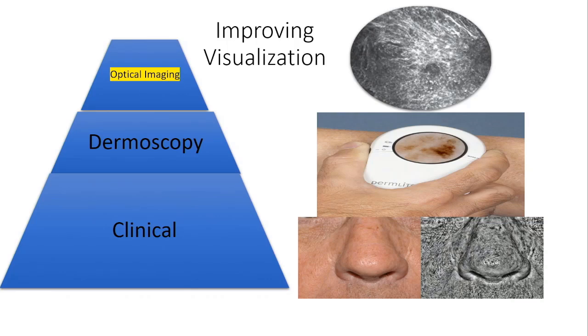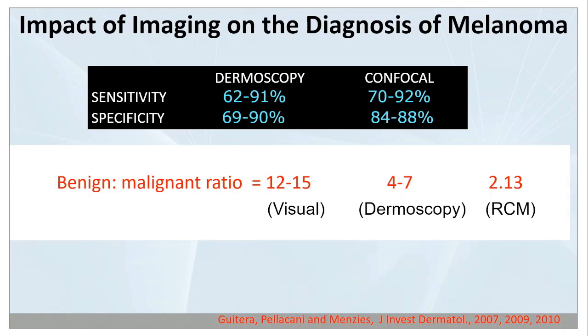So you wouldn't just screen everyone with these advanced tools. You're really going to use your clinical acumen, layer upon that dermoscopy, and then layer upon that optical imaging. And it's really helped to bring down the number needed to biopsy, and it's improved our sensitivity and specificity overall.